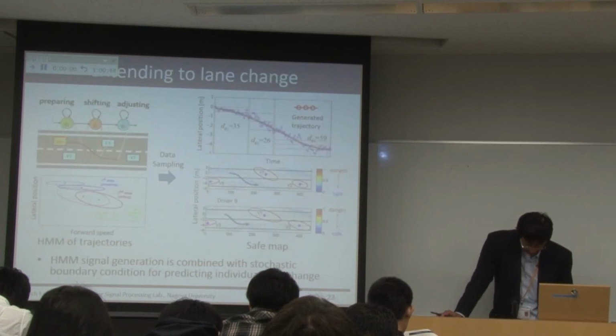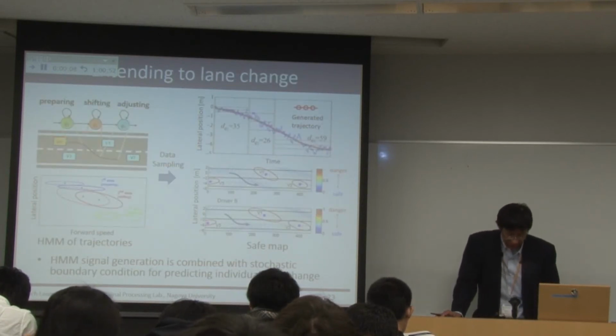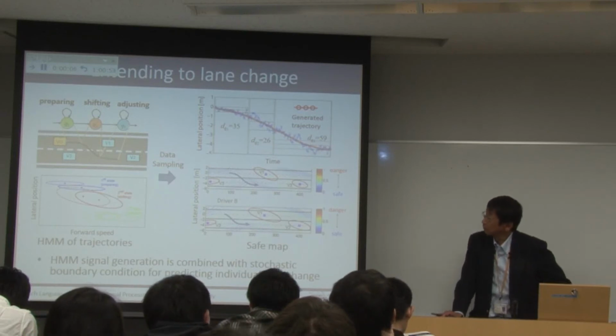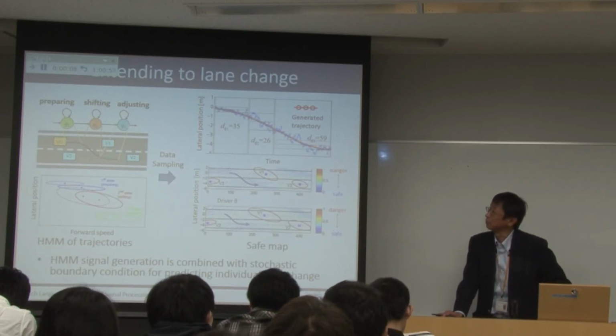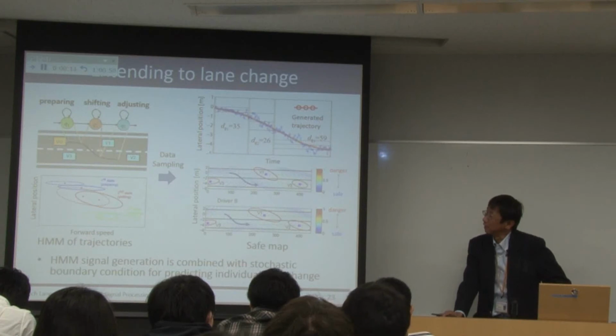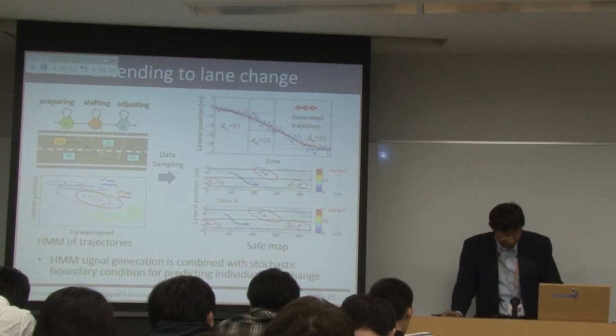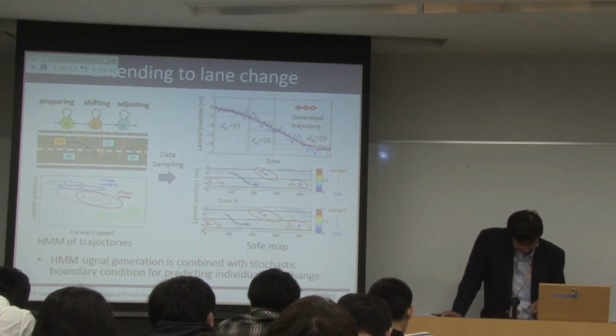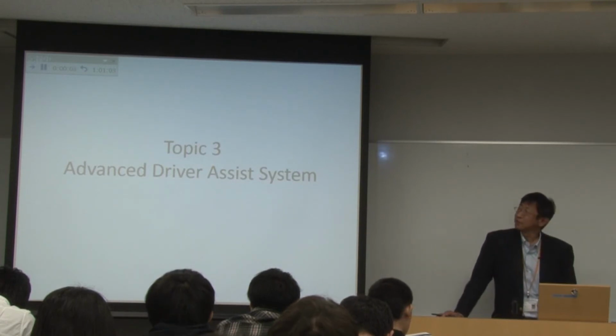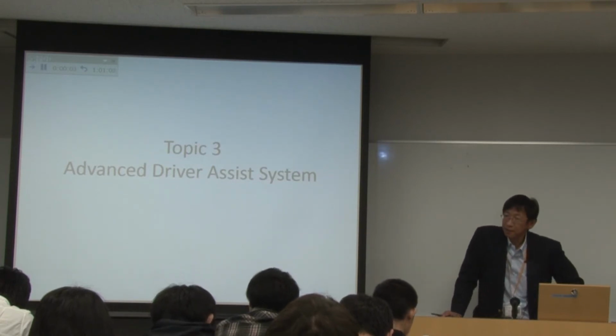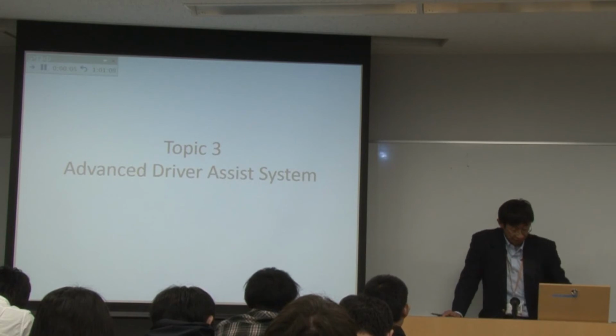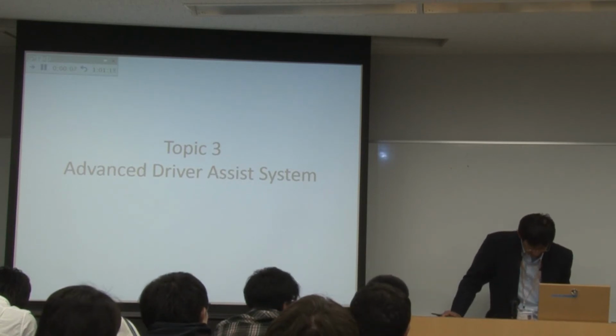Okay, and we can extend this system to a much more complex system like lane changing behavior, and that can also be modeled by a hidden Markov model. Okay, so this is the end of the second topic, and I have used much longer than I expected.